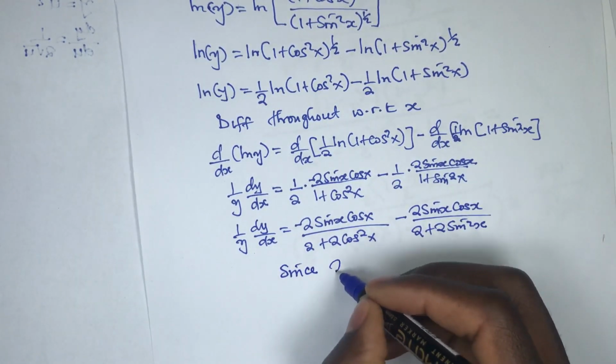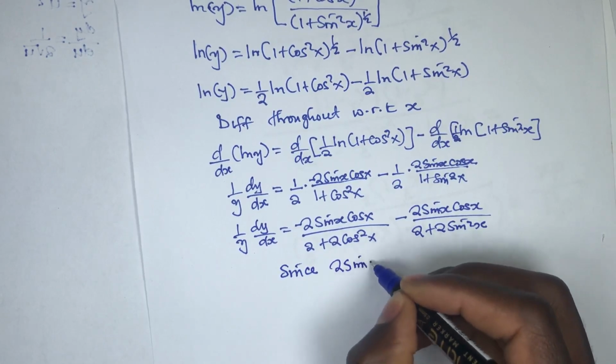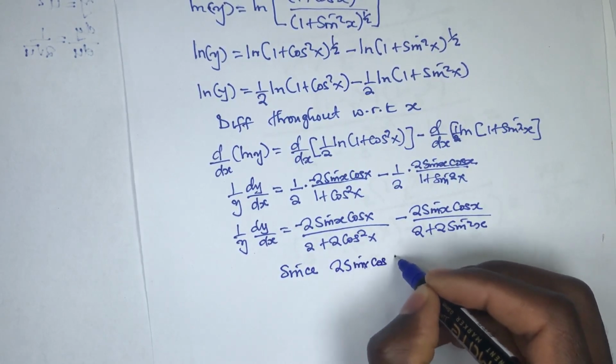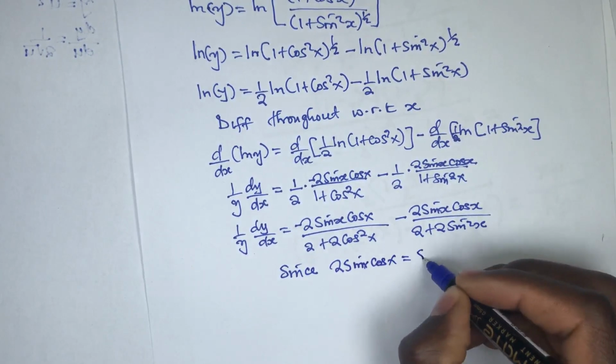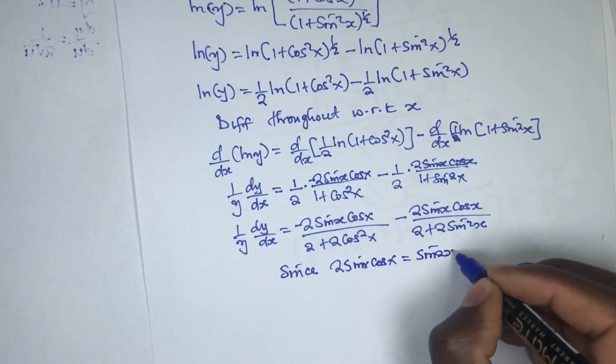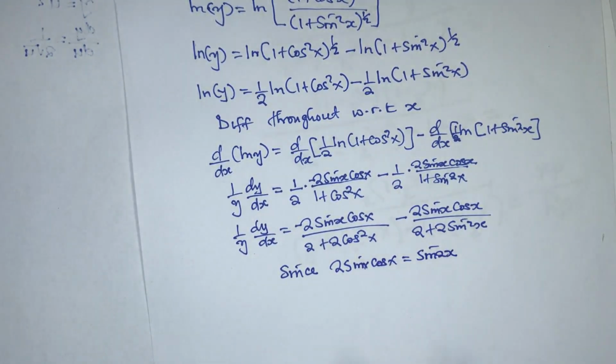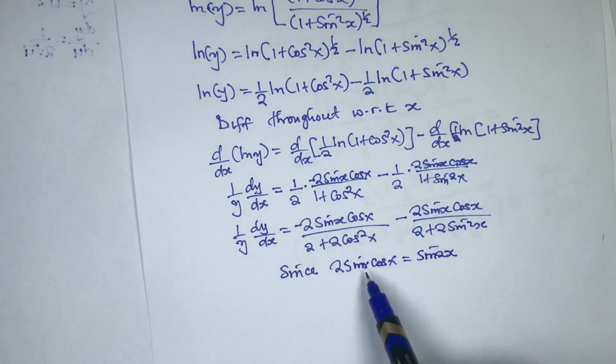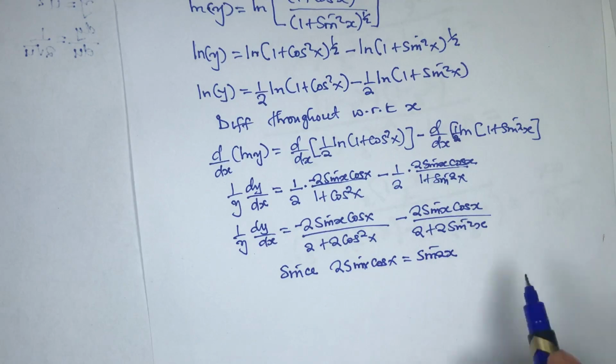Now, we know that 2 sin x cos x is equal to sin 2x, a trigonometric identity. So where there's 2 sin x cos x, we put sin 2x.